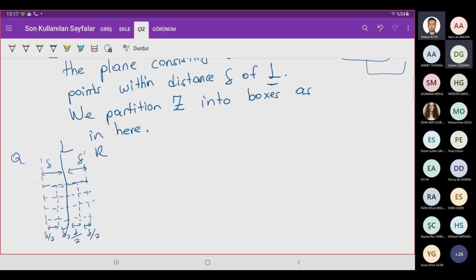These are the boxes. They are squares, each of side delta over 2. From what I have drawn, you can see that there are actually 16 squares, right?